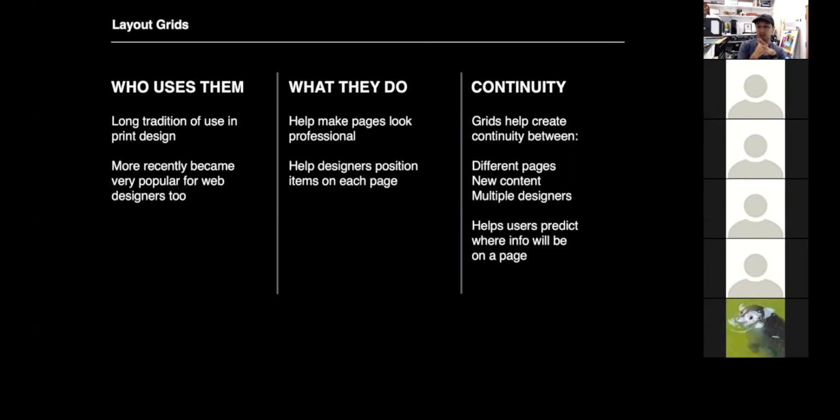Also, grids help create continuity between different pages and new content. It also helps guide users to easily find what they need. Also, there are most likely multiple people working on the design, so if it follows a grid system, then it won't be hard to work with multiple designers on any one website design.